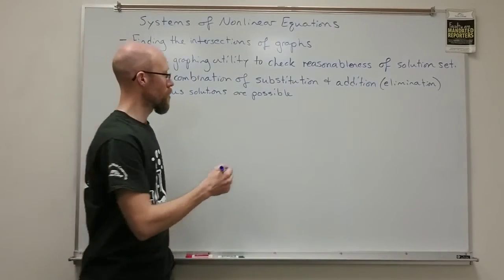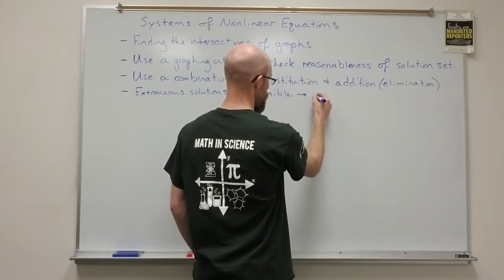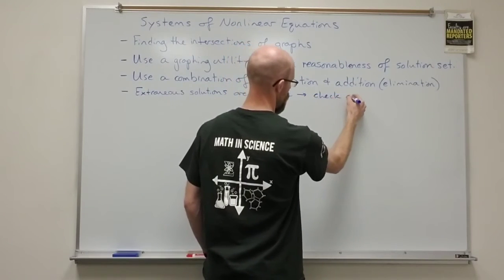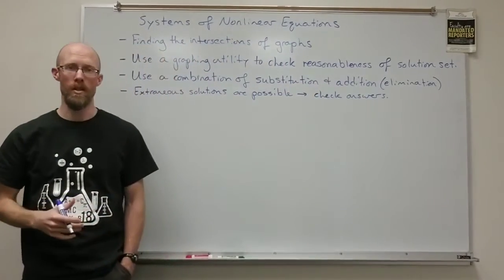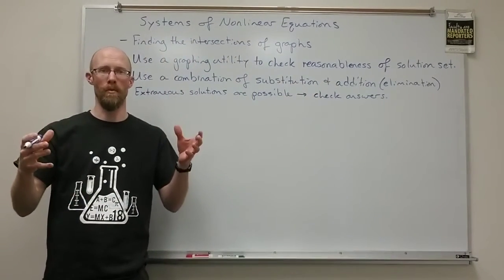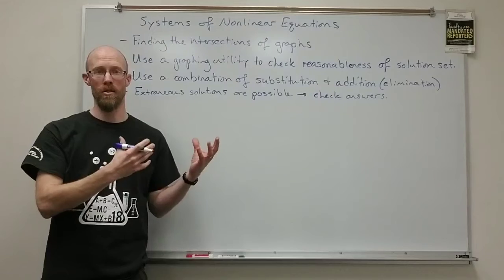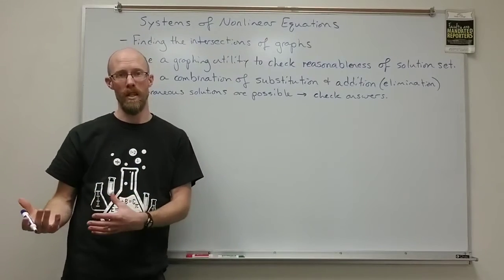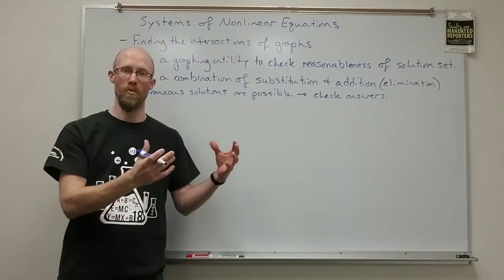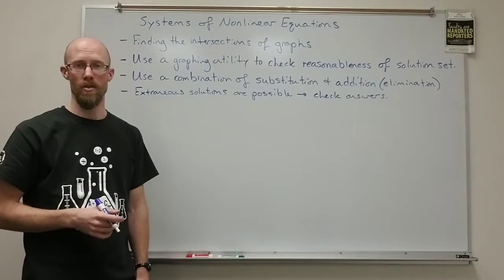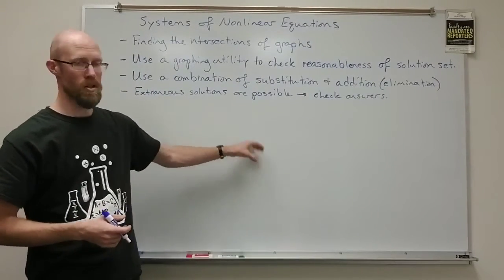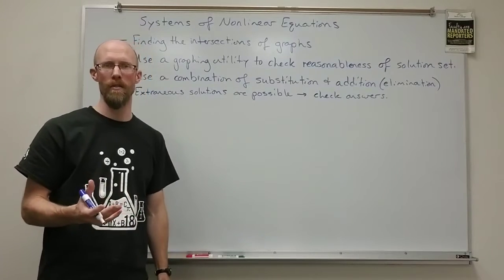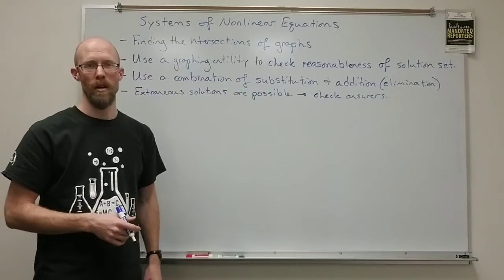And so, as a result, you really need to check your answers. You check them before you put them in a solution set, because you may end up with 4 answers and only 2 of them are actually solutions. The other 2 you have to discard. The 2 that are solutions go into the solution set, and the other 2 stay out. So you want to be careful of those extraneous solutions popping up. It's not very often, but it does occur at times.